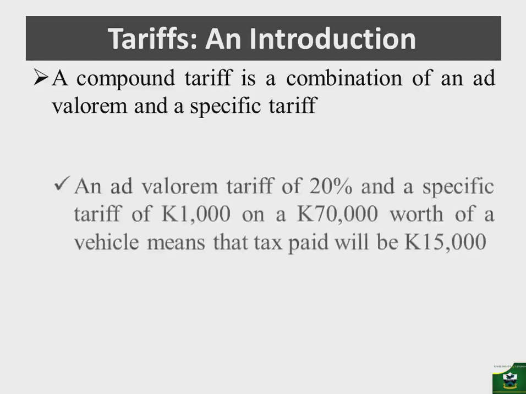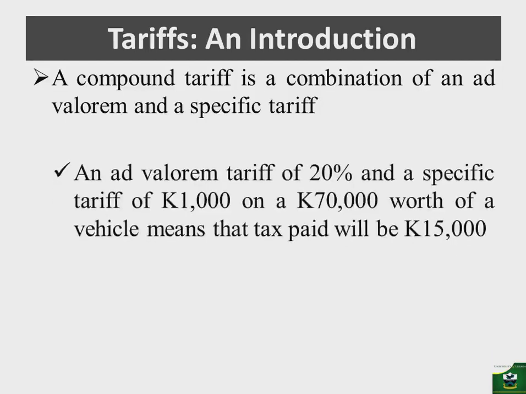For example, if there is an ad valorem tariff of 20% and a specific tariff of 1,000 kwacha on a 70,000 kwacha vehicle, the total tariff will be 15,000 kwacha.